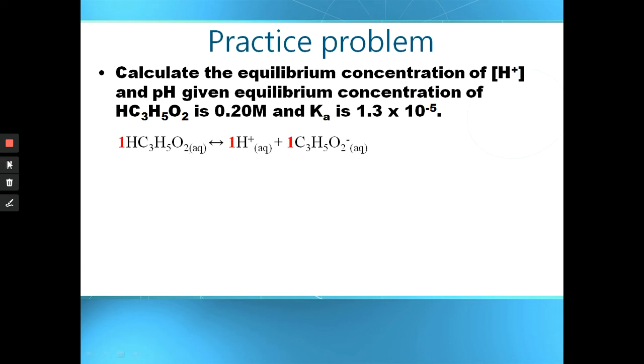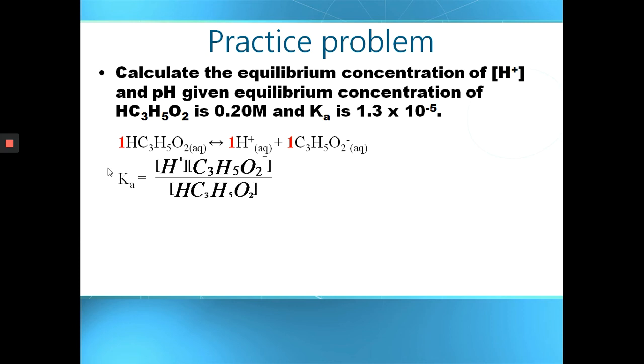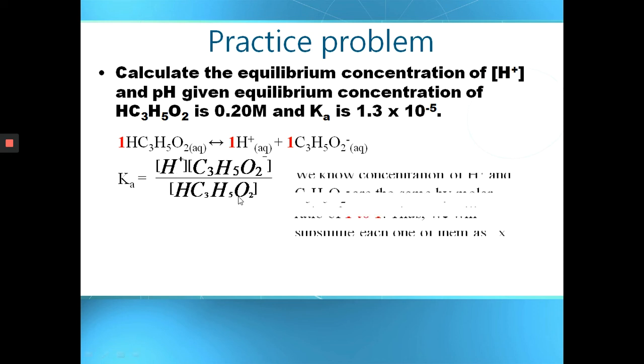Okay, so here is the equation for this acid dissociation. So here is the acid before the dissociation, HC3H5O2. This is called propionic acid, by the way. And this is going to split into the hydrogen and propionate ion. Okay, and your equilibrium expression is going to look like this, where H will split, and then you have an anion over the acid.